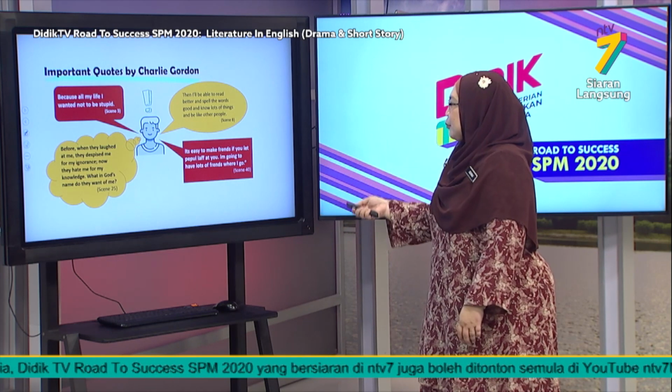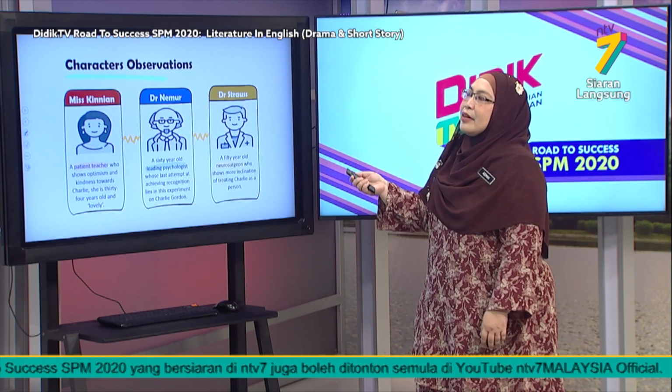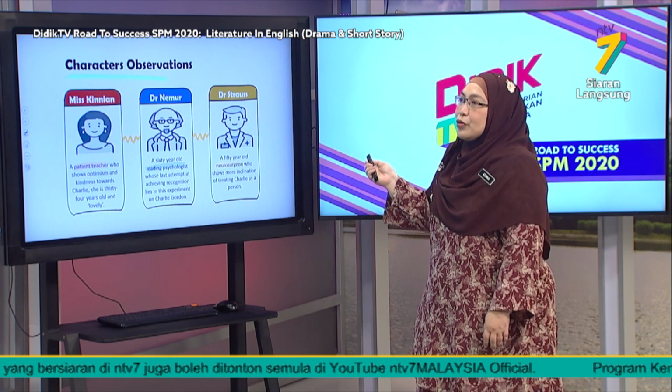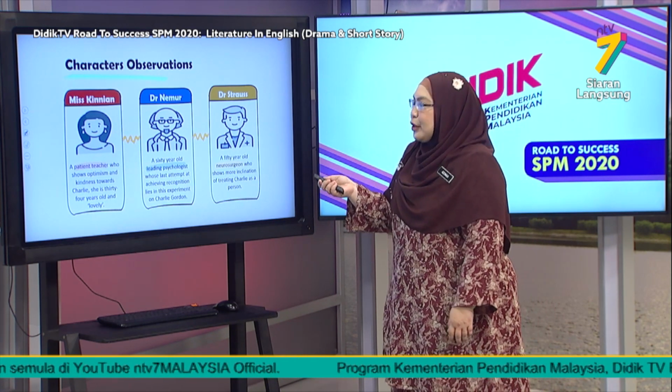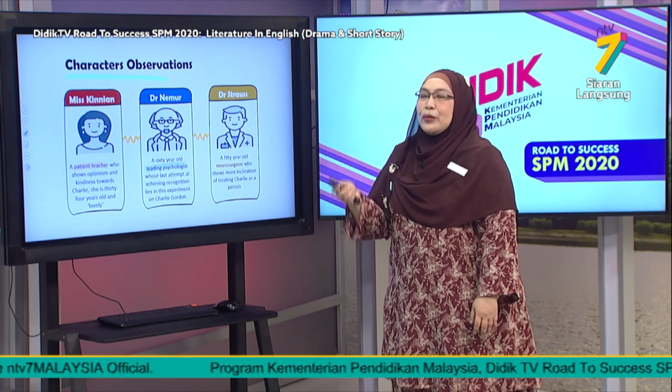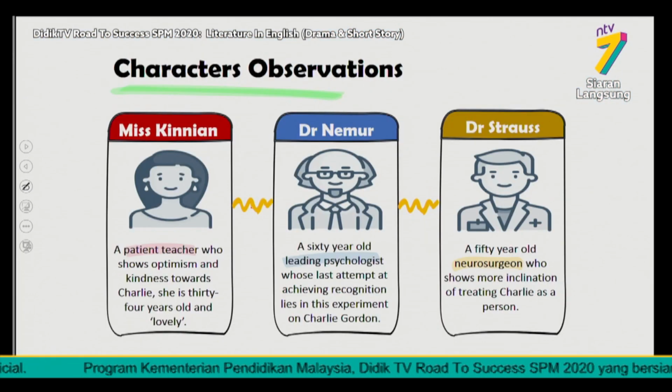All right? Moving on. You have these other supporting characters, also important in the life of Charlie Gordon. We know that Charlie Gordon used to go to read with Miss Kenyon. She's a teacher that helps slow learners, adult learners. She's a patient teacher who shows optimism and kindness towards Charlie, and it is because of her encouragement he agrees to the surgery.